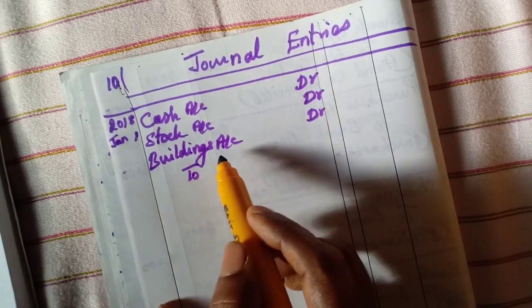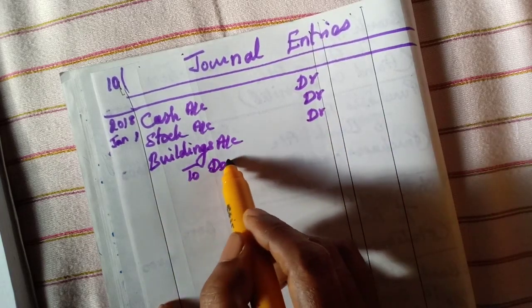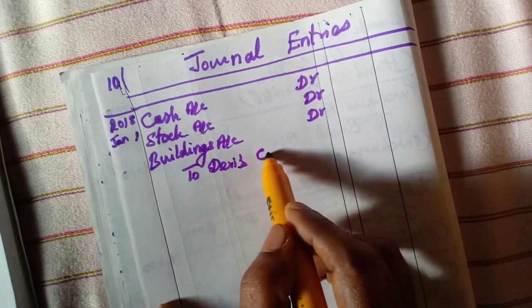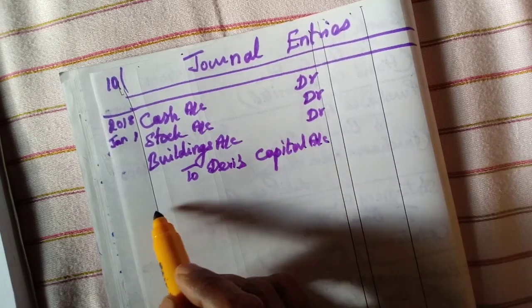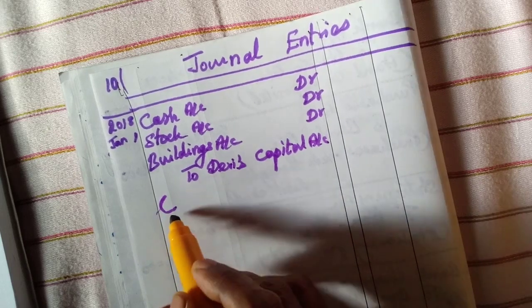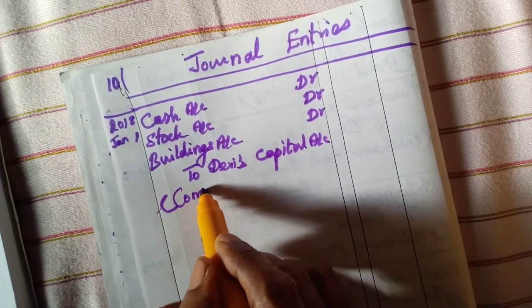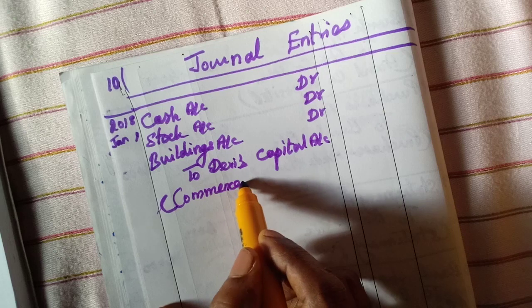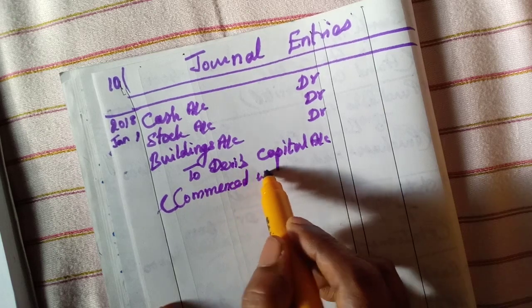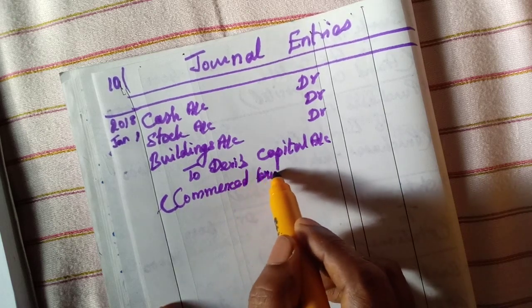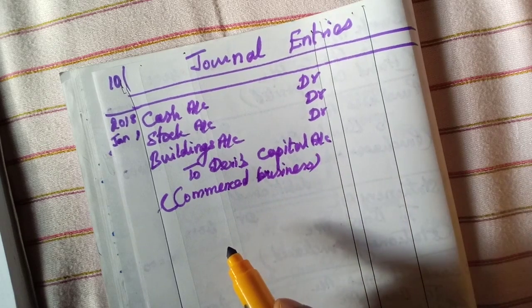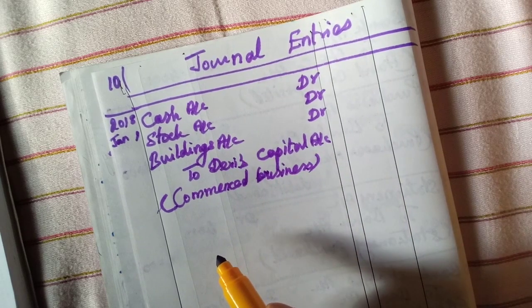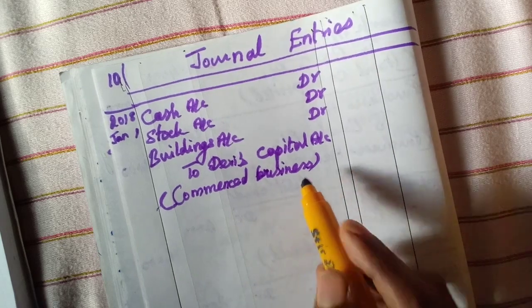to capital, there is capital account, so commenced business. No need to write the full thing, it is mere waste of time. Okay, in the narration don't write everything, a short description you have to write, but the meaning must be there.